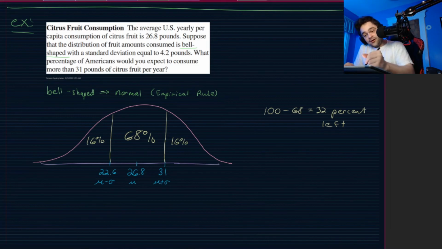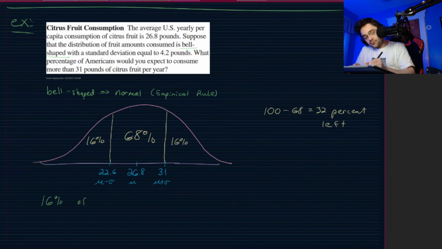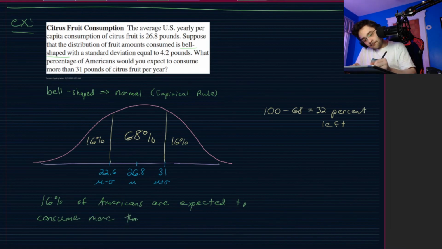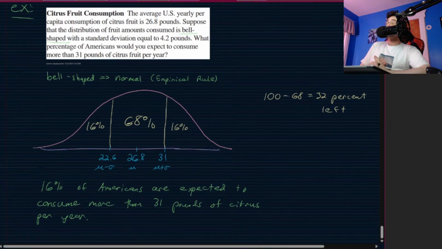And so we see here that this right tail gives us 16% of the data, so that would be our answer. Okay, and that's how we would come up with our answer. We've got to use the empirical rule.